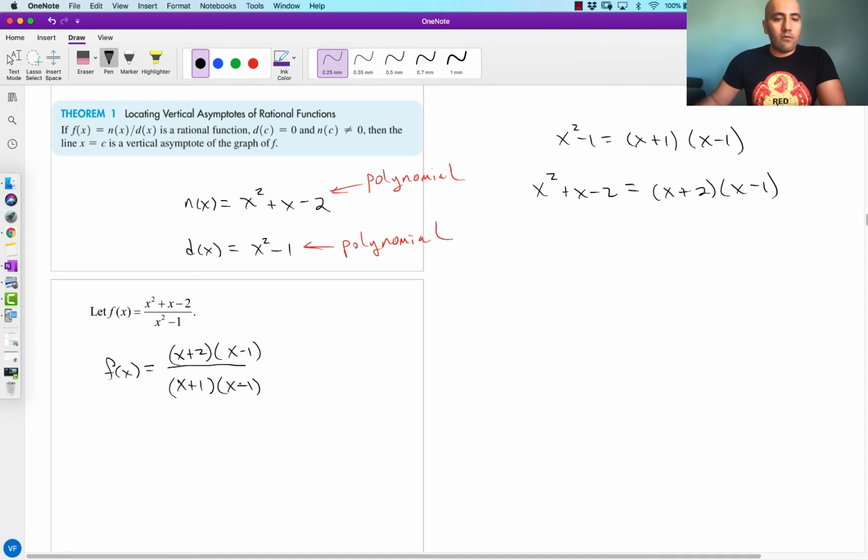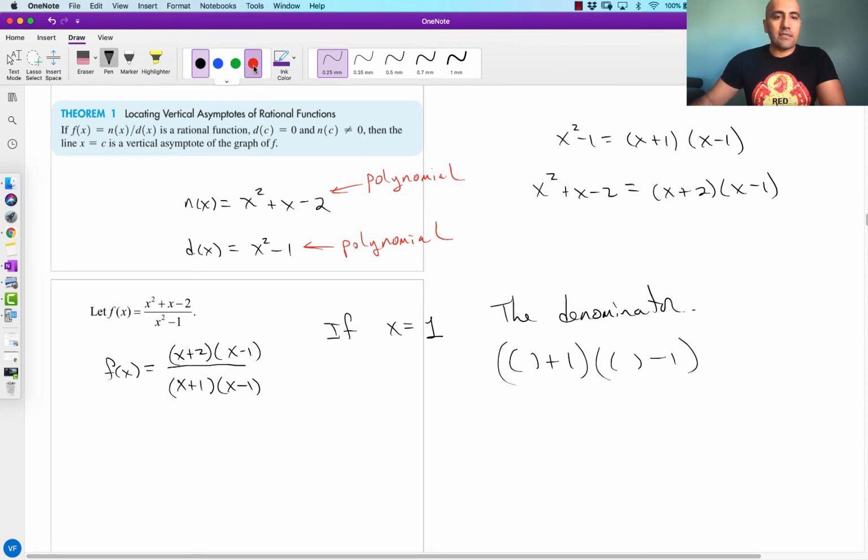So from this information, I can see that if x equals positive 1, then what are we going to get? We're going to get a 0 in the denominator, right? The denominator is going to be blank plus 1, blank minus 1.